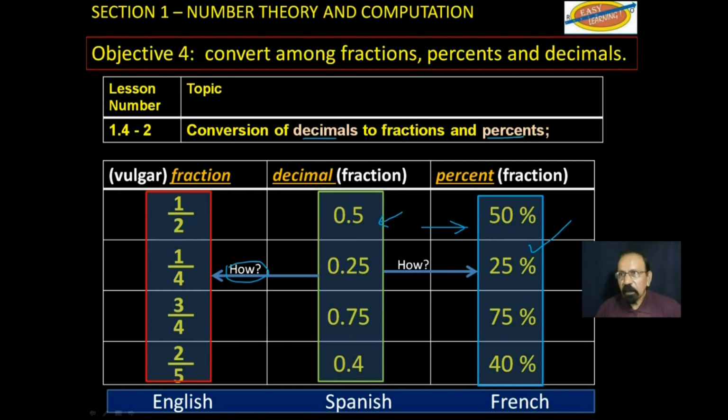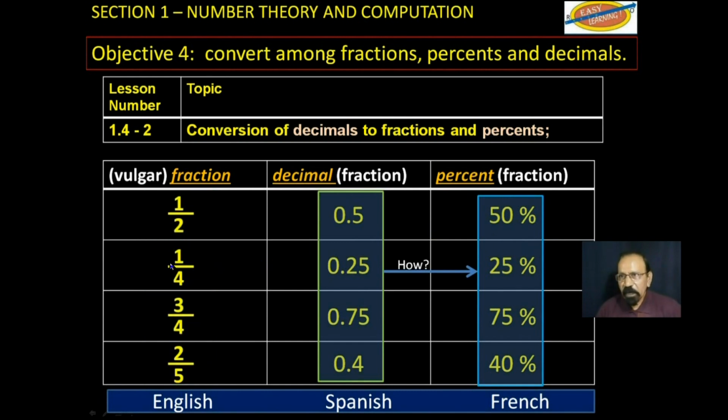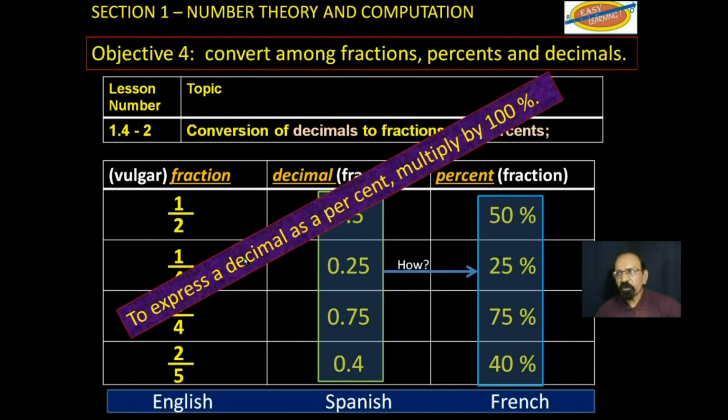And after we do that, in the last part of this video, we will then carry the decimals to fractions. So let's begin with this. How do we carry decimals to percent? And this is extremely simple. To express a decimal as a percent, multiply by 100%.